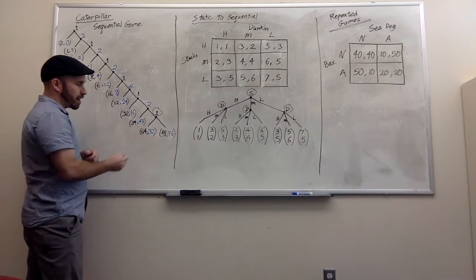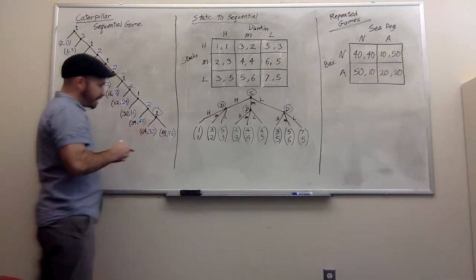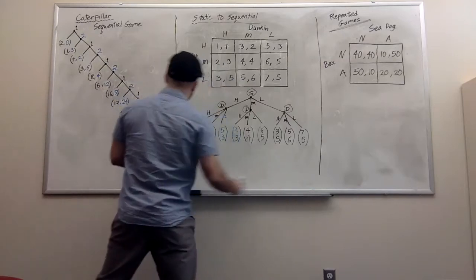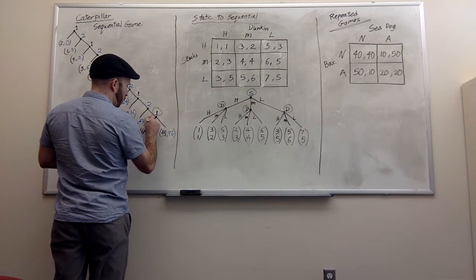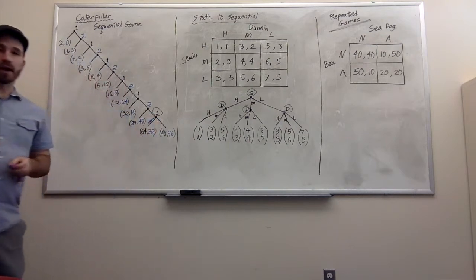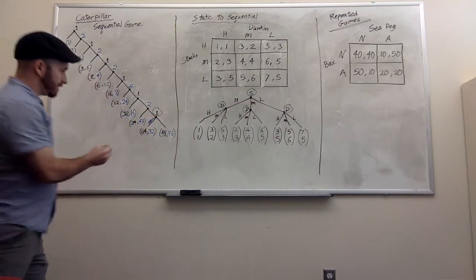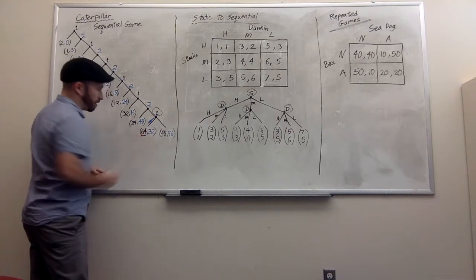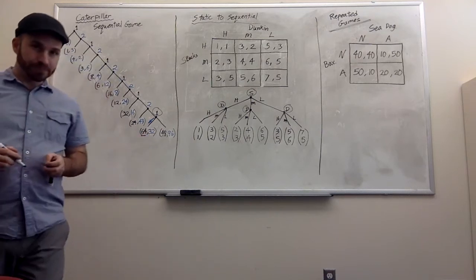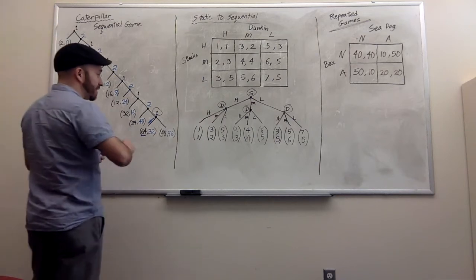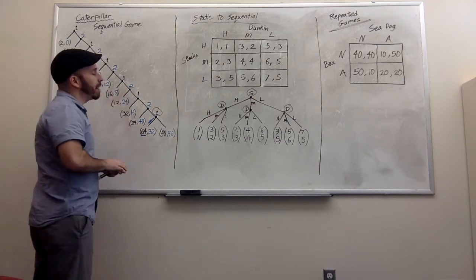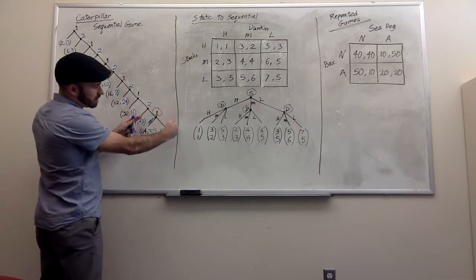So what we know is that player one should choose to end the game right here and get the 64 as their payoff. So that is the Nash equilibrium outcome for the smallest subgame.